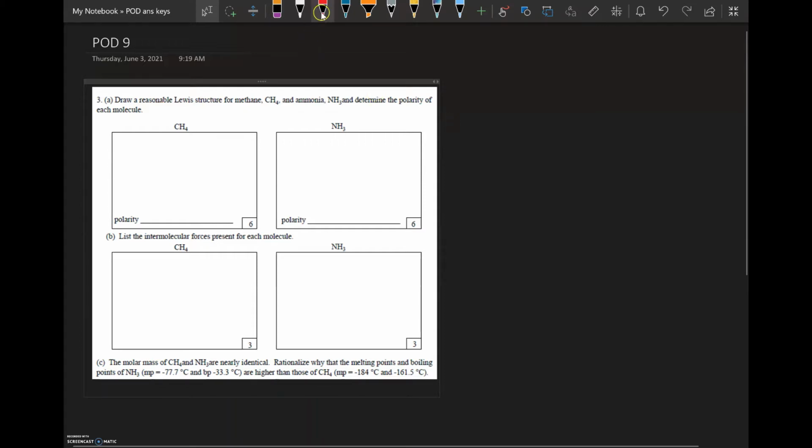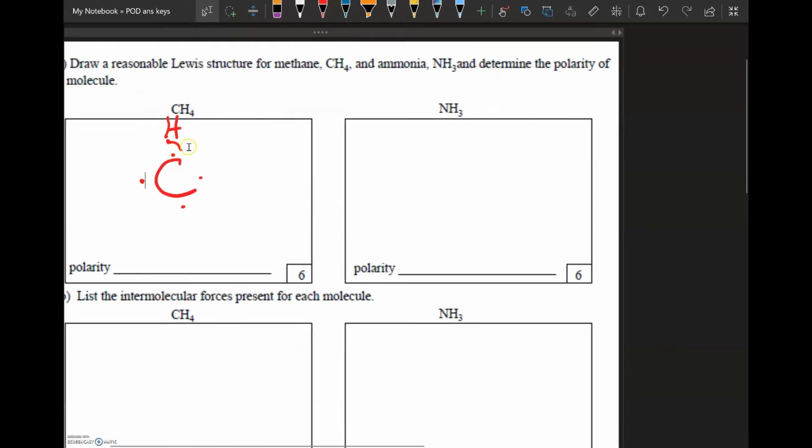So again, the way we go about doing this is you just follow the octet rule for these two compounds. So carbon has 4 valence electrons around it. There are 4 hydrogens, and each hydrogen has 1 valence electron. So you just draw your bonds in between. So I'll just do it here.